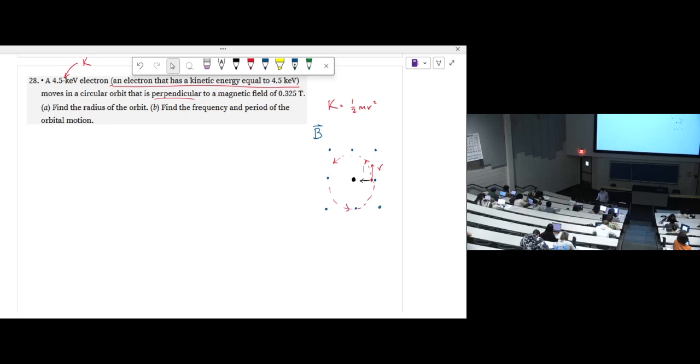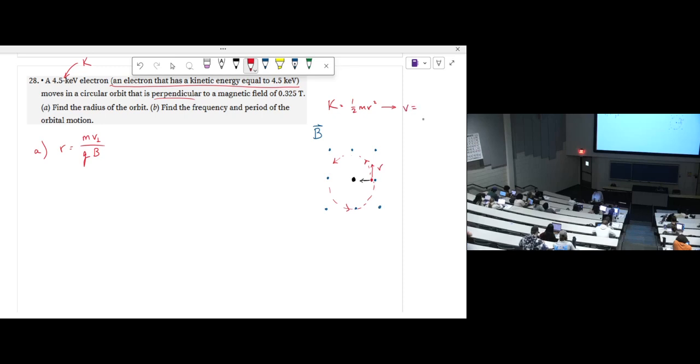Because now what we said was in part A, if you want to find the radius of orbit, we found an equation that was m v perpendicular, which the velocity is already perpendicular here due to the problem setup, divided by q times B. Well, we don't know what the velocity is, but we can solve it from the energy of the charged particle.